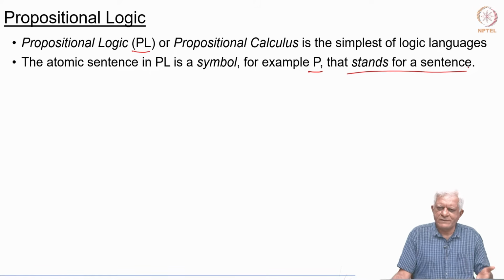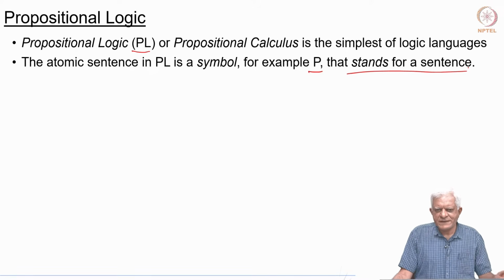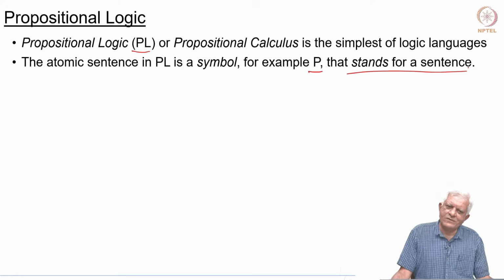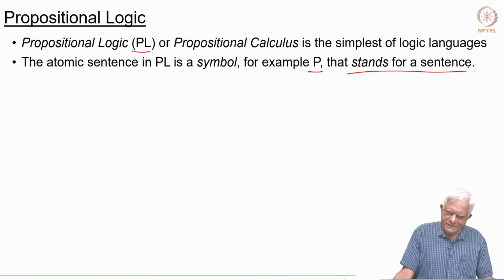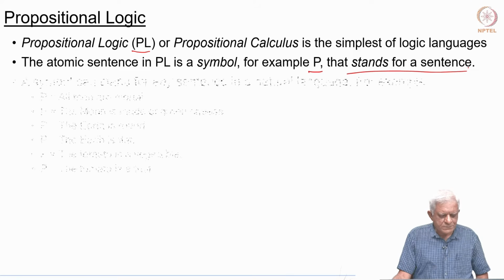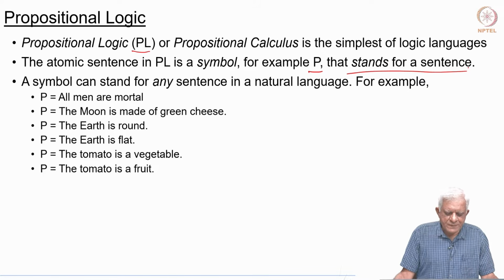When you are talking about logic, we do not need to specify what it stands for, but as we see examples, when you are talking of a specific domain, then you may have a certain domain in mind, and then of course, symbols will stand for specific things, and that we will see as we get along. So, a symbol can stand for any sentence.